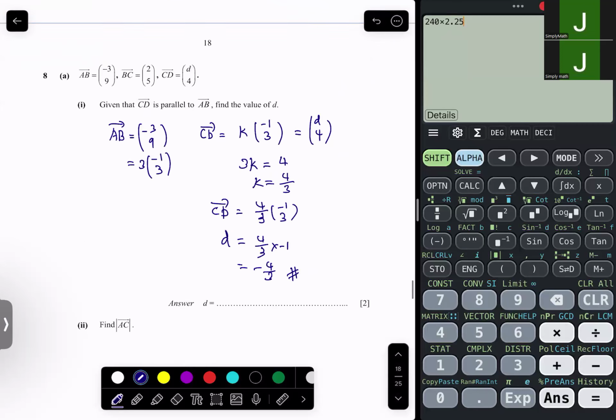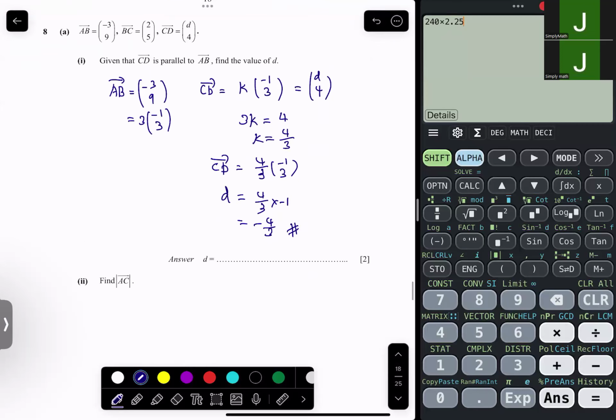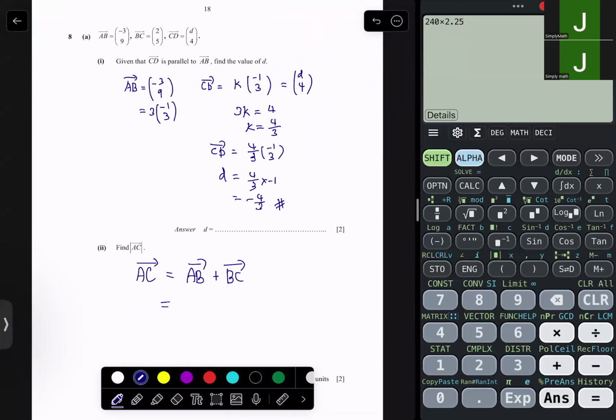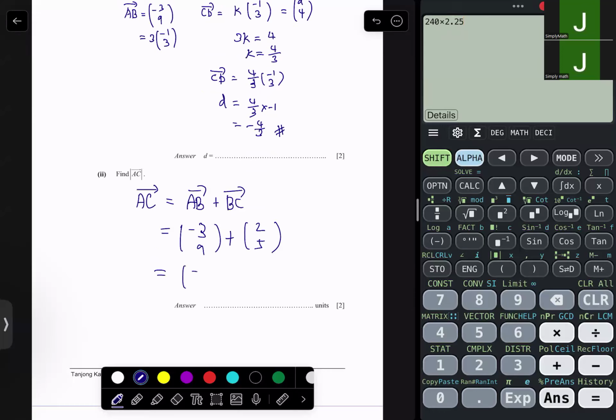Find the magnitude of vector AC. Vector AC will be AB plus BC. The middle point must be the same point. So we have (-3, 9) plus (2, 5). So we get (-1, 14). Now, don't be tricked by the question.